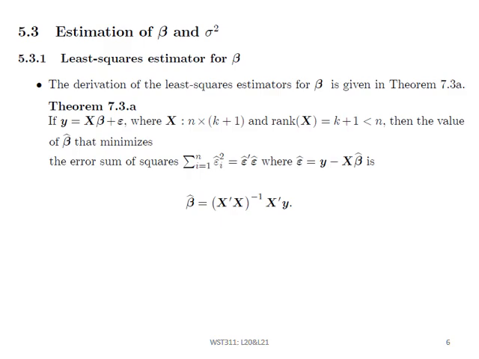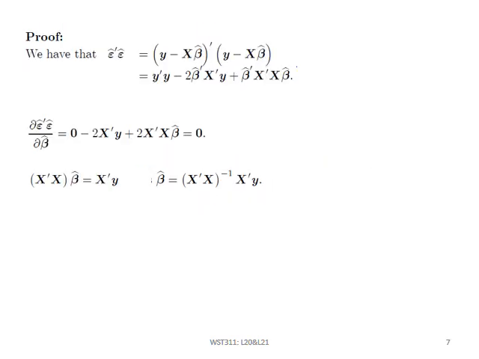Theorem 7.3.a gives the least square estimator for beta. It states that beta hat equals (X prime X) inverse X transpose times y. We will prove this on the next slide. We can obtain the error as follows.